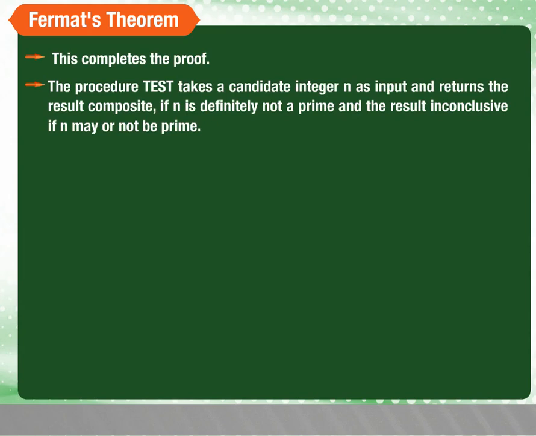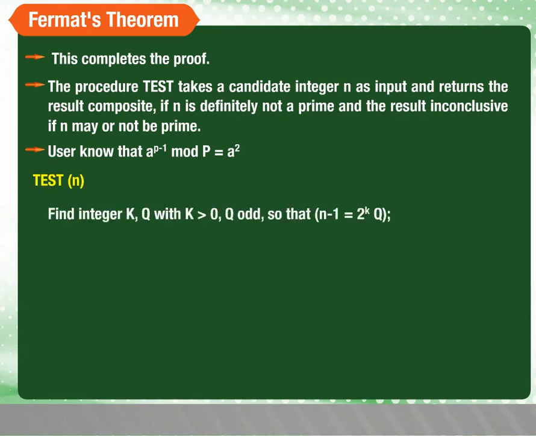The procedure test takes a candidate integer n as input and returns the result composite if n is definitely not a prime, and the result inconclusive if n may or may not be prime. Test of n. Find integers k, q with k greater than 0 and q odd, so that n minus 1 is equal to 2 power k into q.